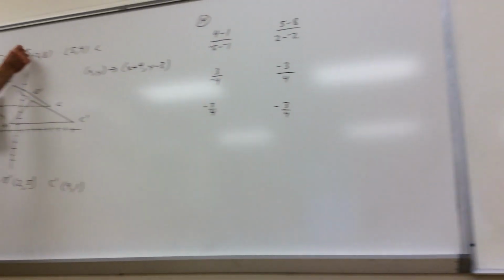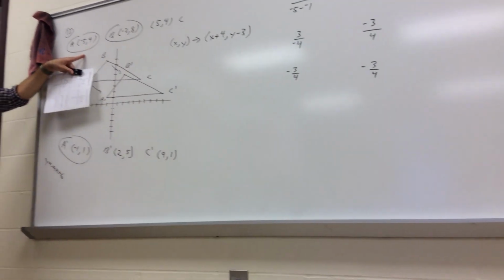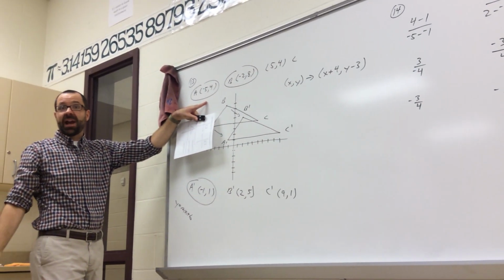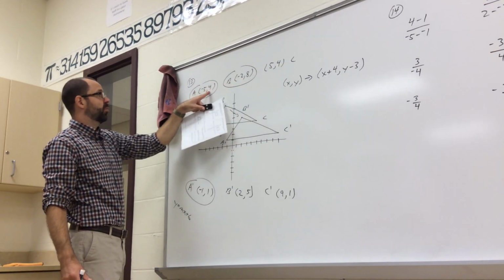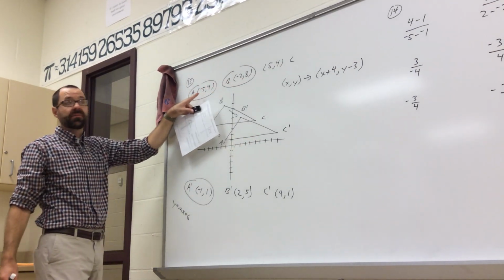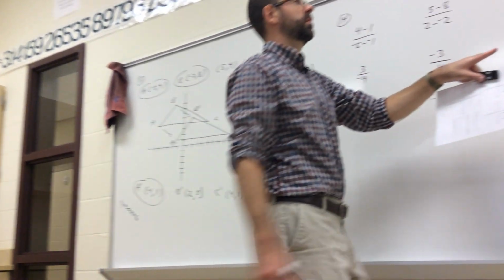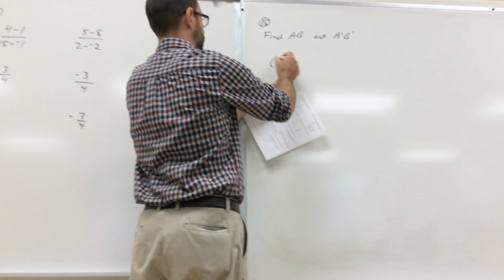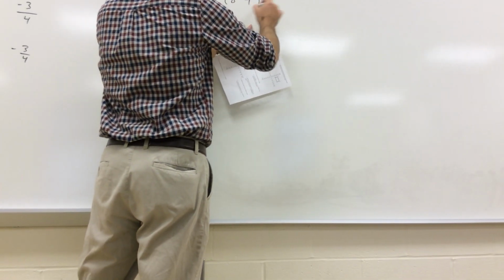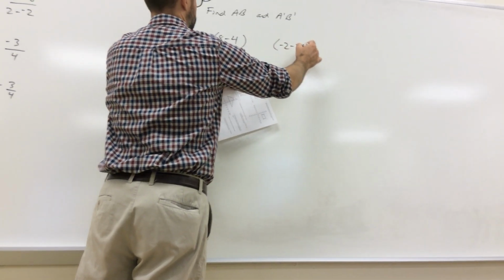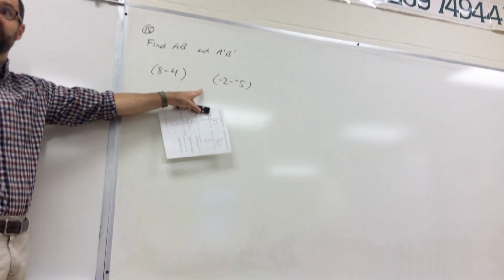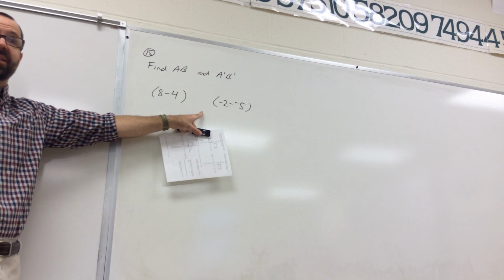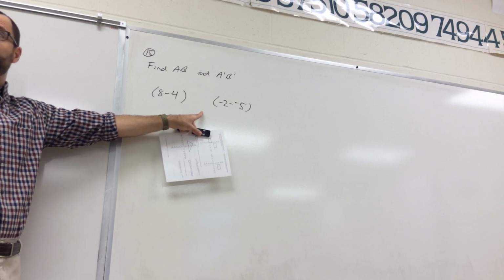Okay, so here's A, here's B. And for the distance formula, you subtract, again, 8 minus 4 and negative 2 minus negative 5. So subtract the y's, and subtract the x's. Just like for the slope formula, you subtract y's and subtract x's for distance.